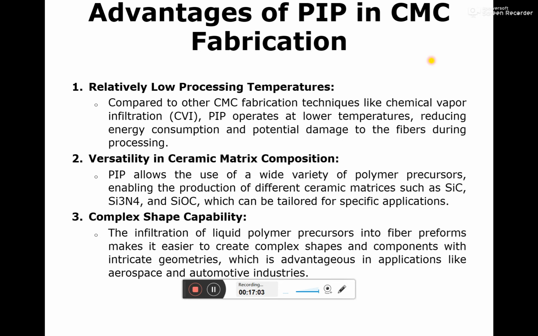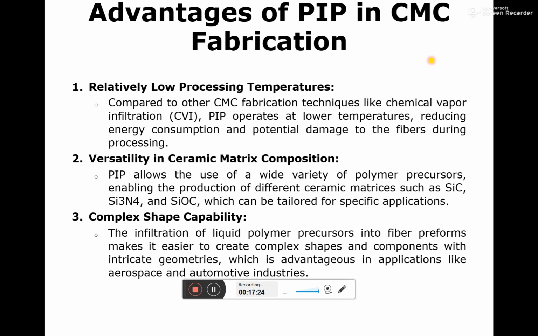And also the second advantage is the versatility in ceramic matrix composition. We can choose different polymer precursor materials depending upon whether we have to produce silicon carbide or Si3N4 or SiOC. Based on the type of matrix you require, we can choose the appropriate polymer precursor.